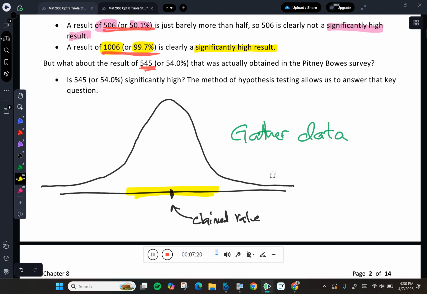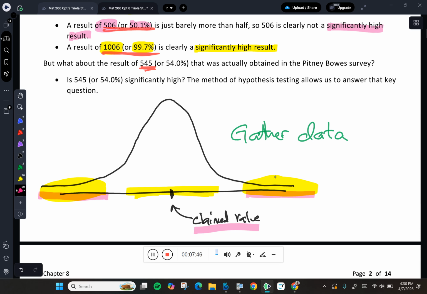But if our data falls over here, significantly low, or potentially over here, significantly high, if we're way down here somewhere, or way up here somewhere, we're going to say that our data doesn't really support that claimed value. And that's the nutshell of hypothesis testing.